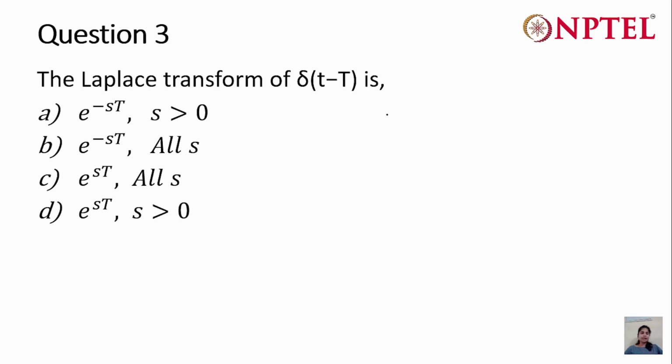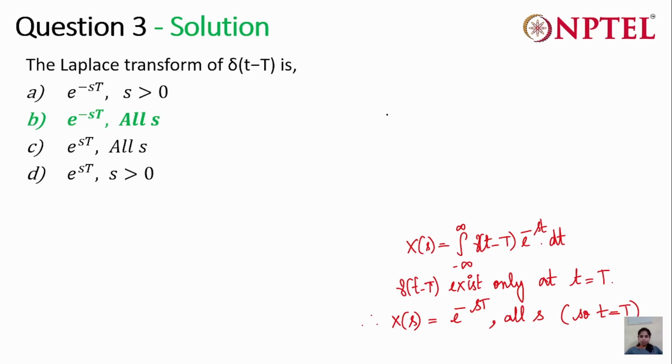Okay, actually, we don't find the ROC based on that. How do we find the ROCs? For what values of s does our integral converge? Okay, so that is how we find the ROC.